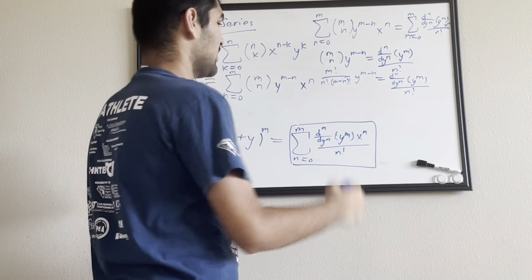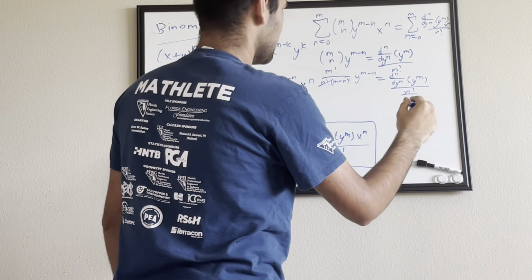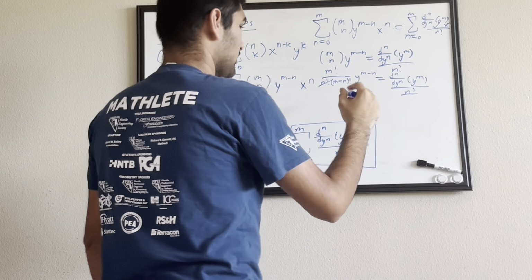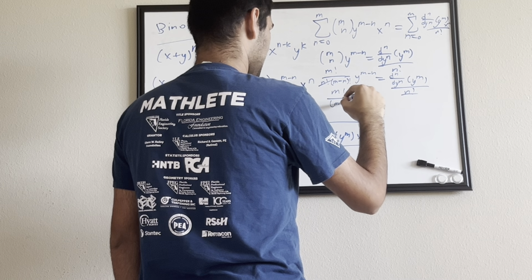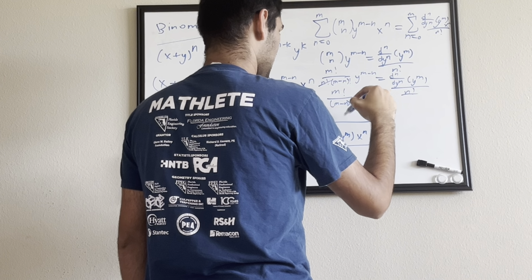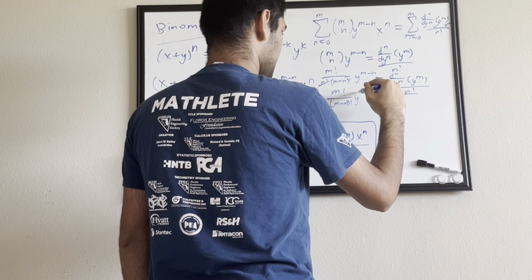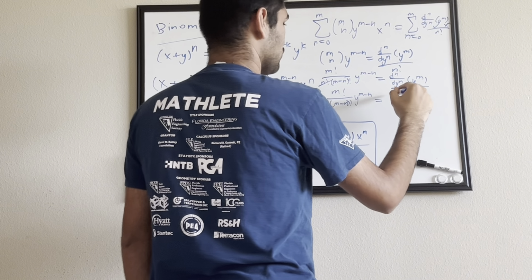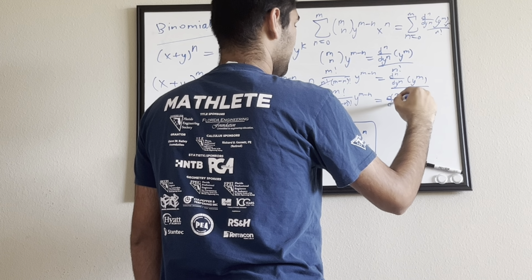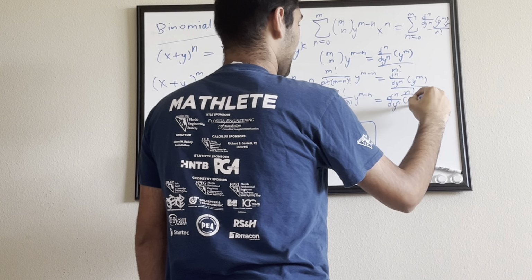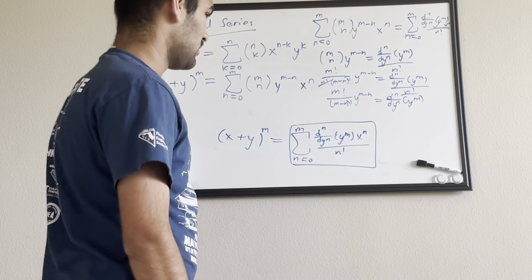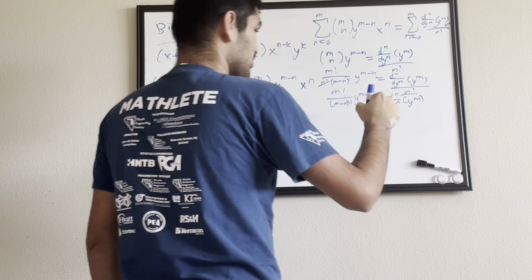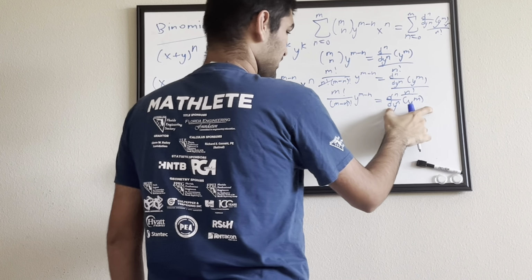Now you can cancel out the n factorials on both sides, and so you're left with m factorial over m minus n factorial times y to the m minus n is equal to the nth derivative of y to the m. Okay.